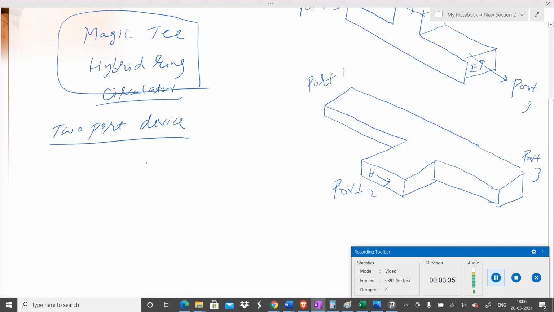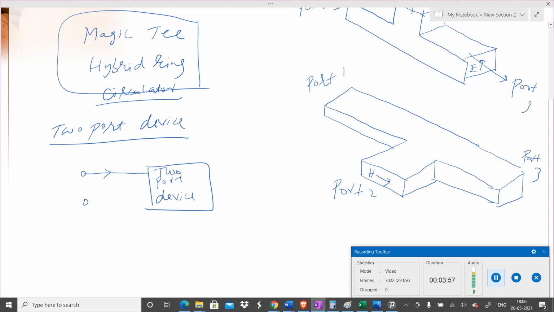So a two-port device I will put here as a black box. I'm just recalling the basic concept from network theory, from which we will get some idea how we can do similar analysis for microwave hybrid circuits.